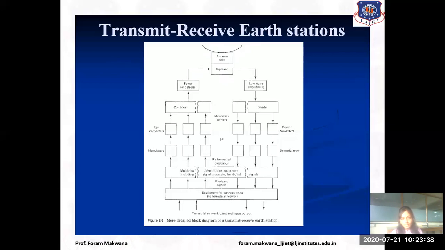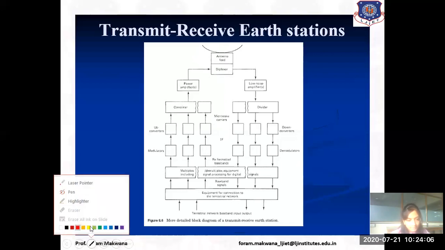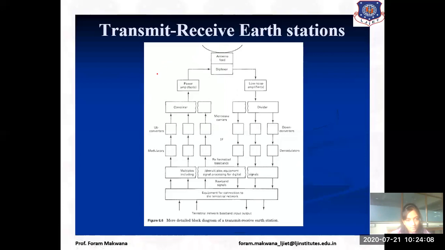As I'm going to transmit a signal, the duplexer will connect the antenna to the transmitting portion, and the transmitting antenna will be activated. And as I'm going to receive a signal, the duplexer will connect the antenna to the low noise amplifier, this portion. So this is our transmitter and this is our receiver, TX and RX.